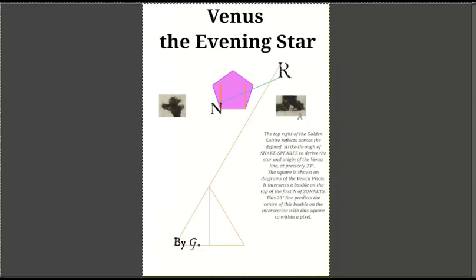But if we then draw a perfect 23-degree line, and of course 23 is the declination of Venus as an evening star in 1609, then it will intersect with this square, which I've seen drawn on the Vesica piscis, along with the triangle in the middle of there, but that square goes straight through that dot.